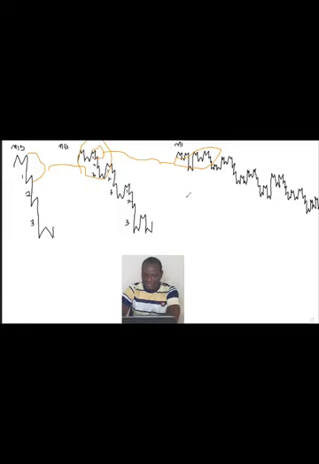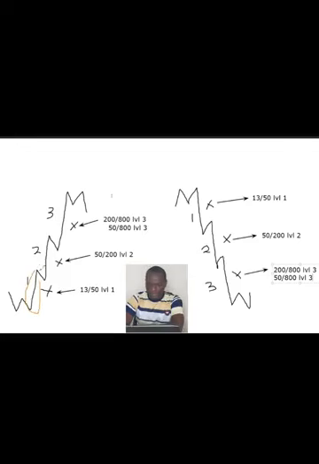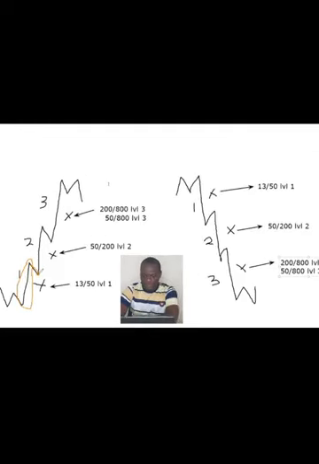Let's say you notice a crossover of the 13 EMA above the 50 EMA. Then that should give you an indication that you've already entered into level 1. Do you understand? So you've crossed level 1 already. So you just simply need to wait for the pullback to the EMAs and take your trade to the next direction.